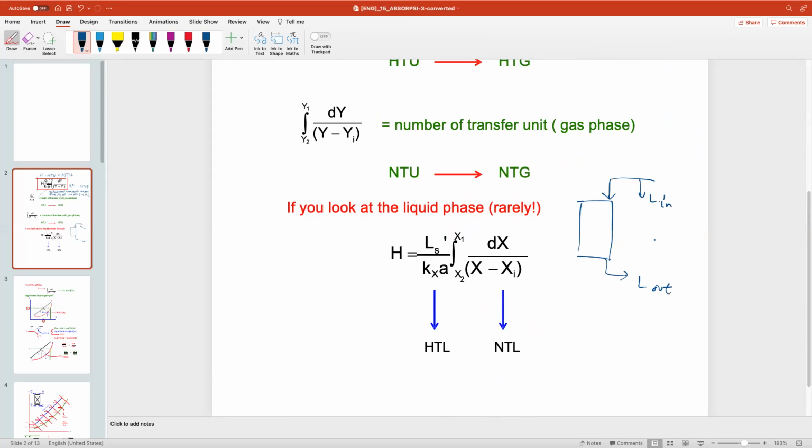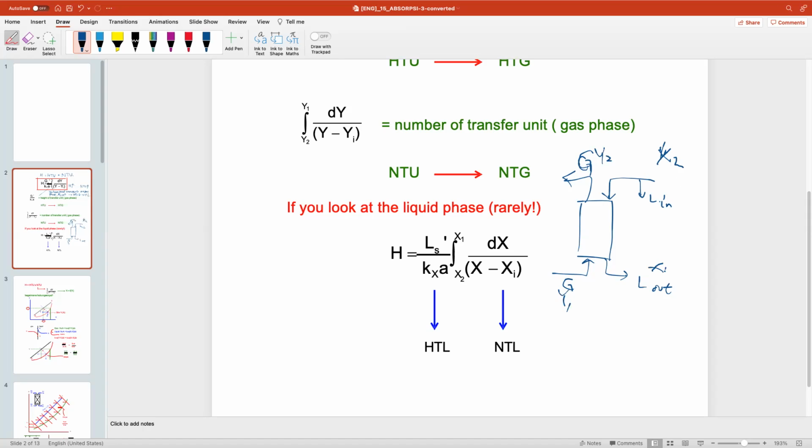But it is not as efficient compared to the gas, because for gas we have more advanced analytical tools to check the composition, for example a gas analyzer, which can be online at any time. So we can find our Y1 and Y2, compared to X2 and X1.